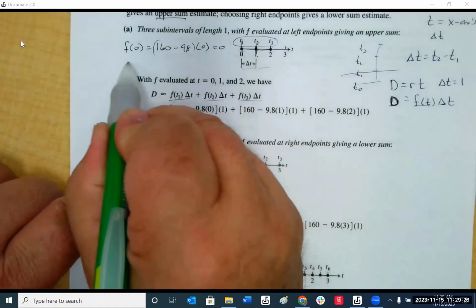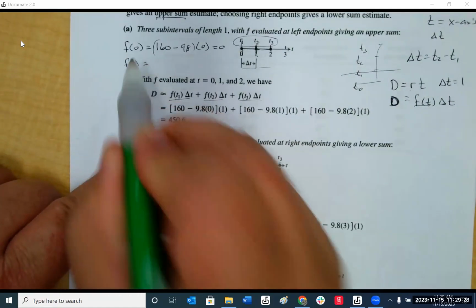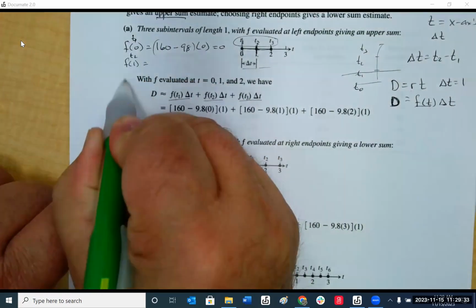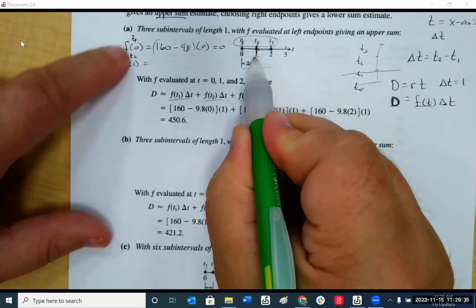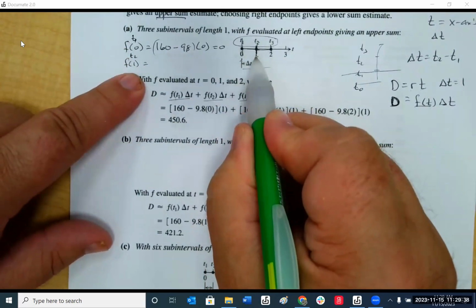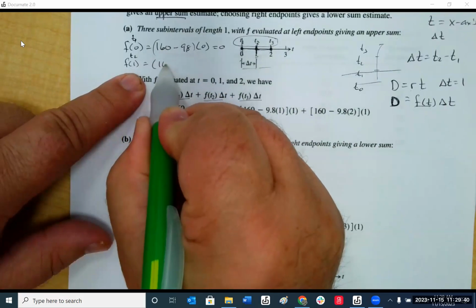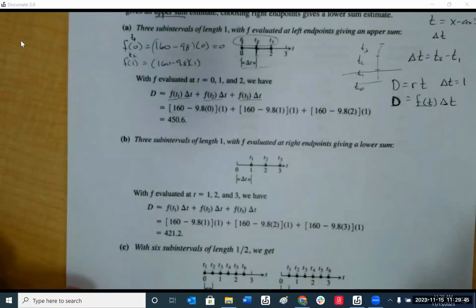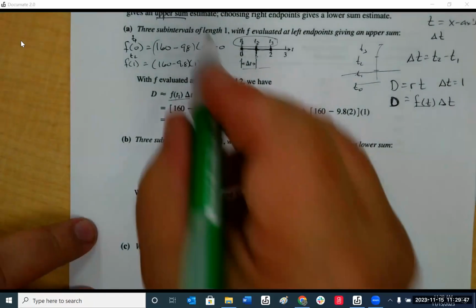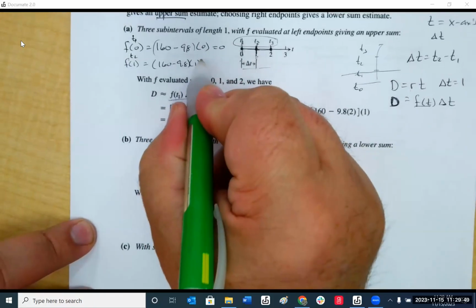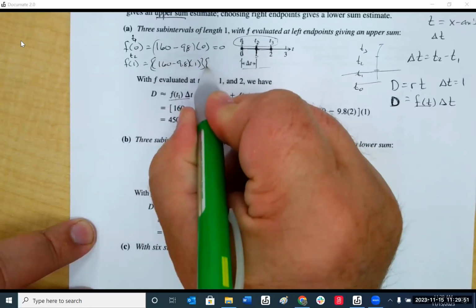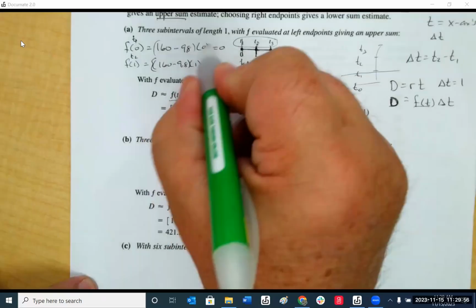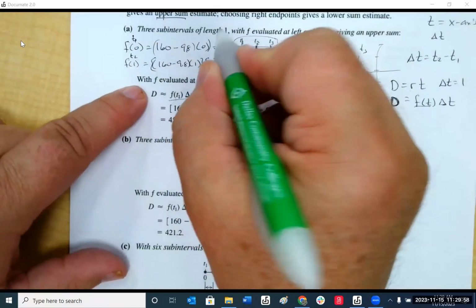Then in our next interval, we have at 1. This is at T1, T2. T1 was 0, T2 is 1. So we have 160 minus 9.8 times 1, times our delta T. Well, the reason I didn't go any further is because it became 0 anyway.